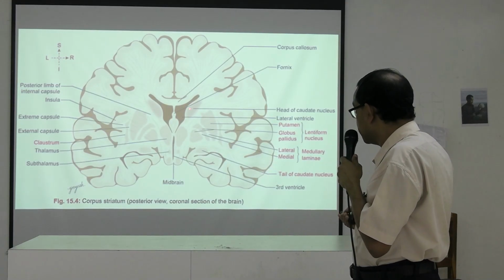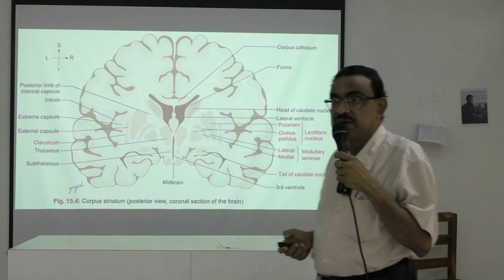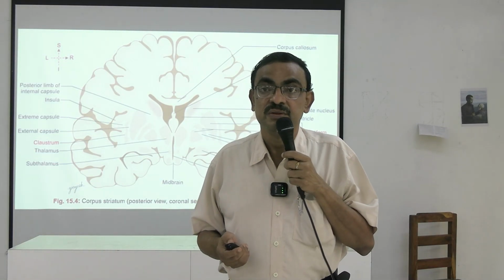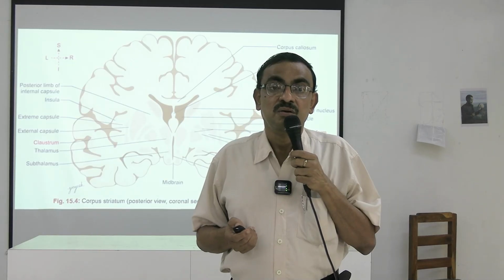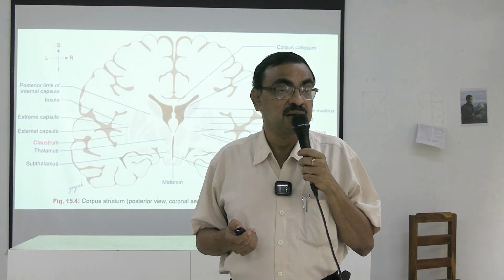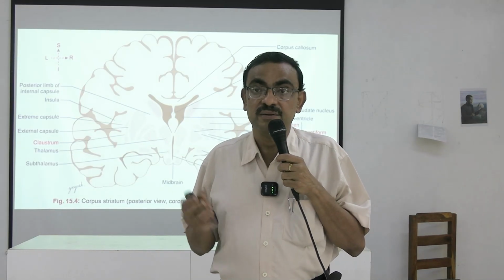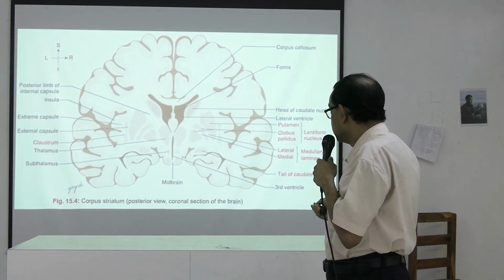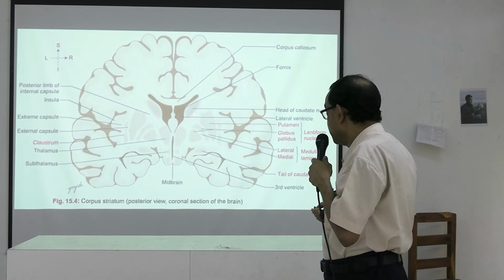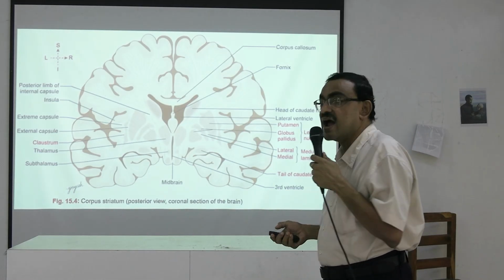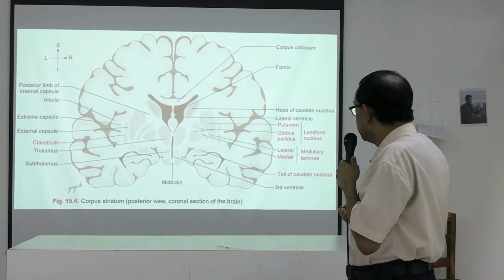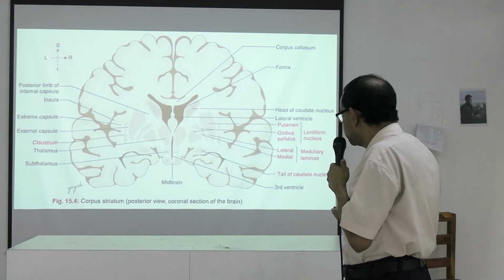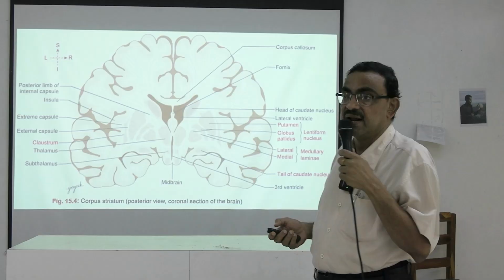As a whole, this part and the head of the caudate nucleus appear as a striated material because the fibers are coming, and here there is a communication. There are also connections.